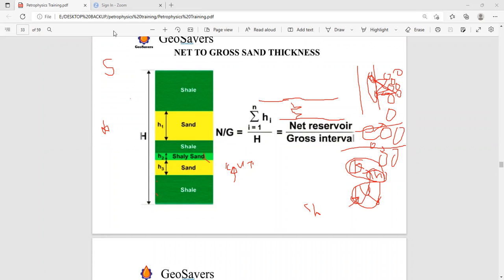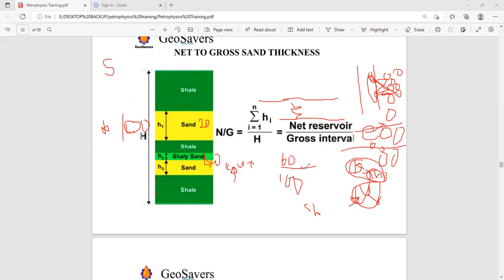So if, for example, this total thickness is 100 meters, and then let's say this is 20, and all of this is 40. It means that our net reservoir is 20 plus 40, which is 60. I take the 60 divided by the total thickness of what I decided was my reservoir, which is 100.